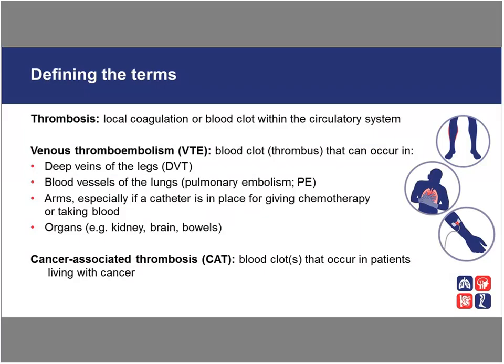So we'll begin with the content. First, I'd like to define the terms used today. So obviously, thrombosis refers to the local coagulation or blood clot within the circulatory system.